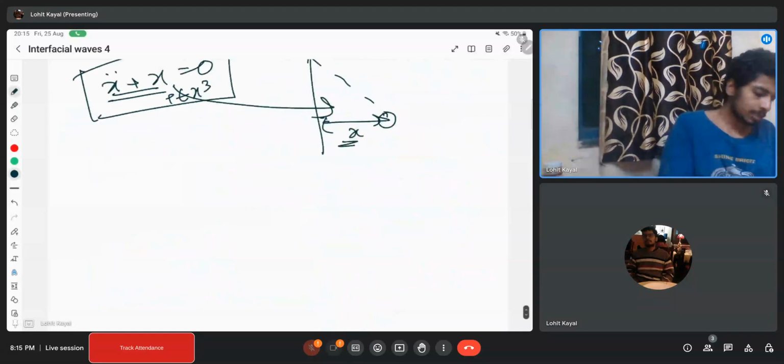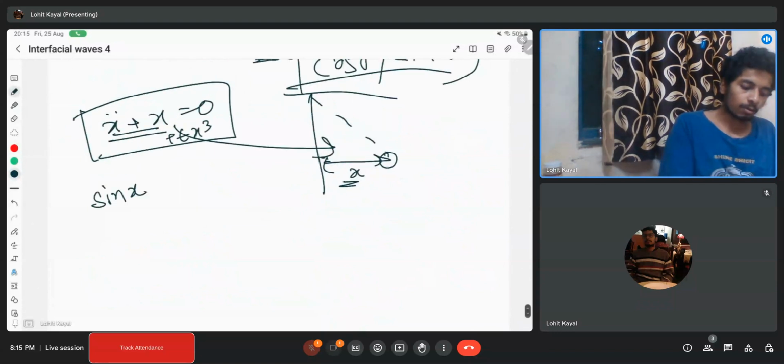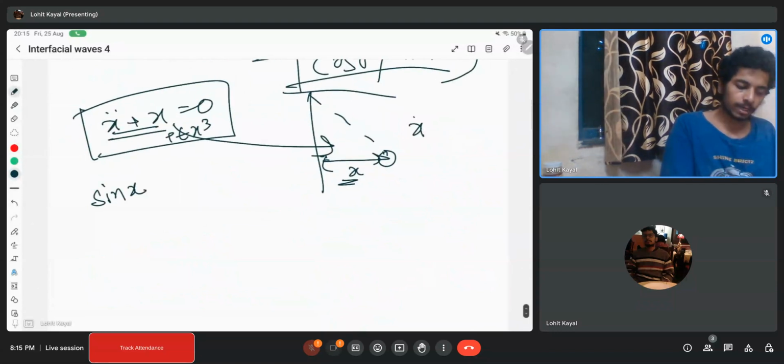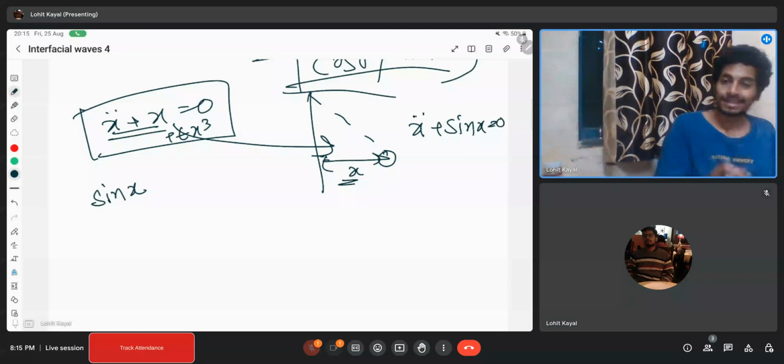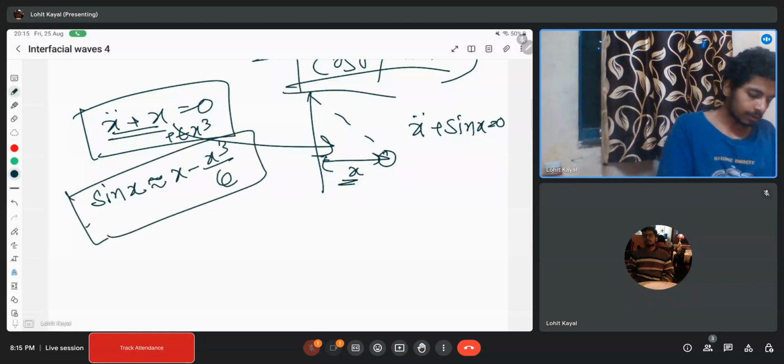Remember the series expansion of sine x. Before that, what is the original equation of this pendulum? It will be x double dot plus sine x equal to 0. And the series expansion of sine x is x minus x cube by 6. See, x cube is there.